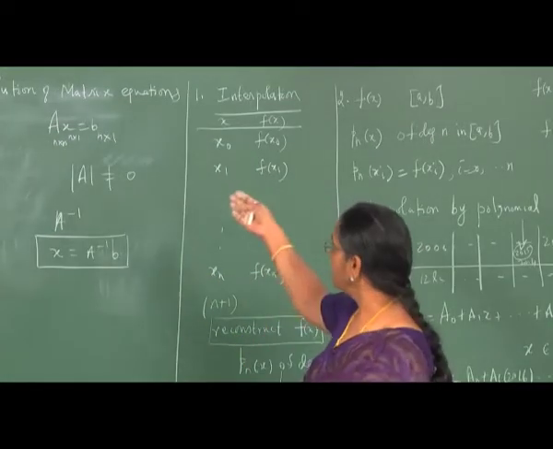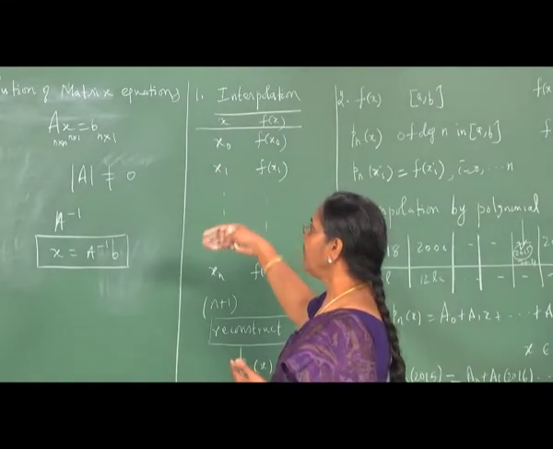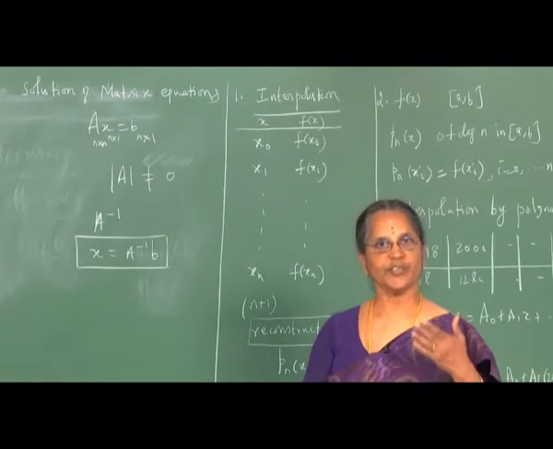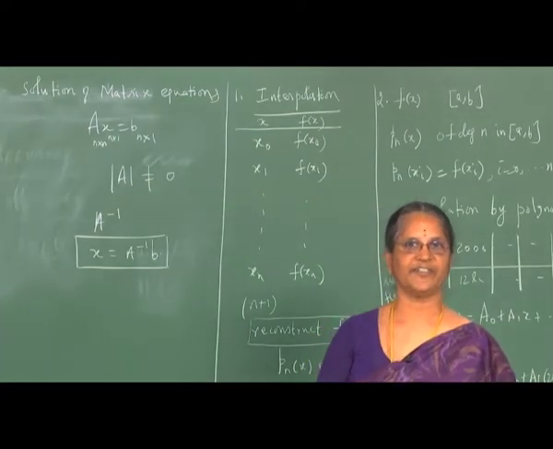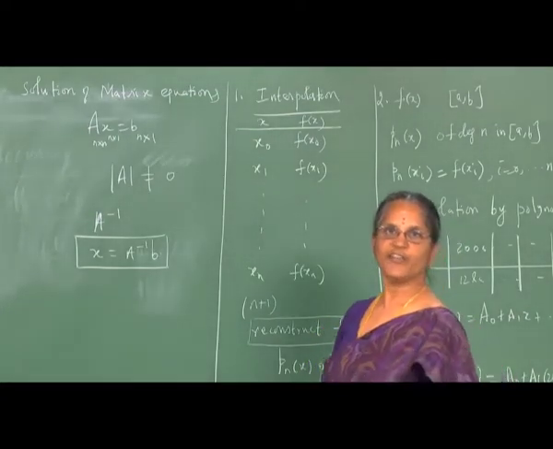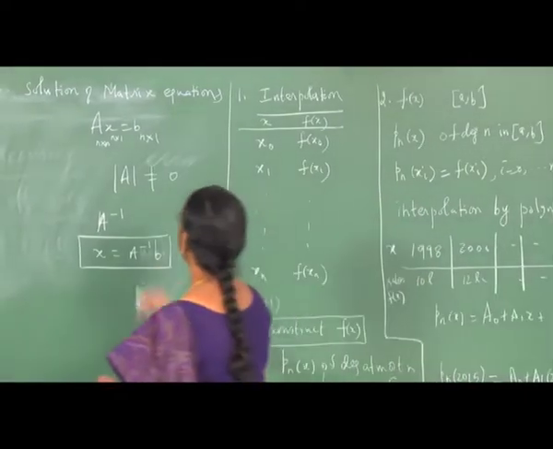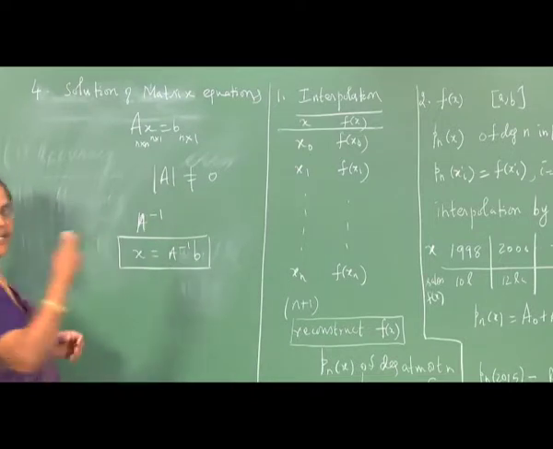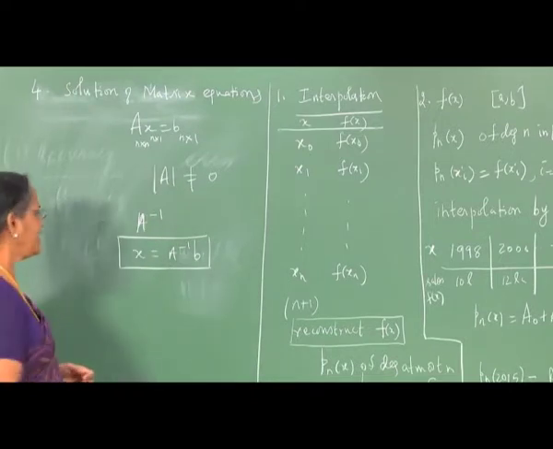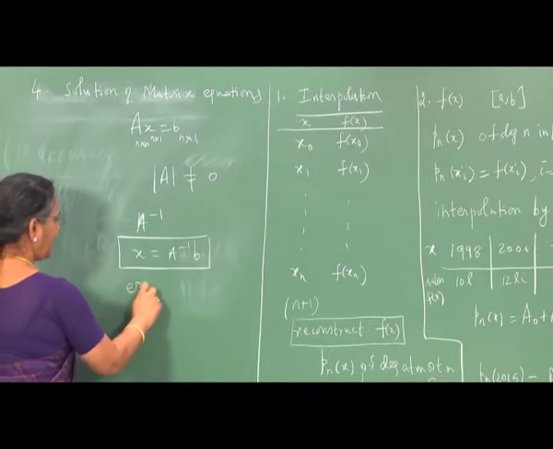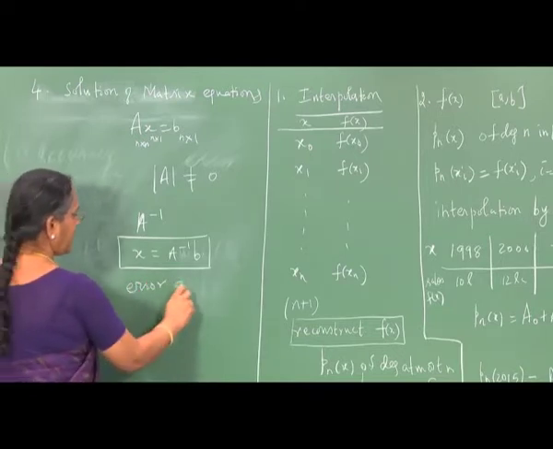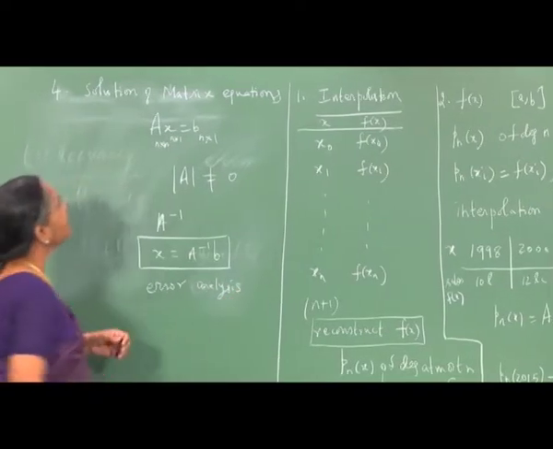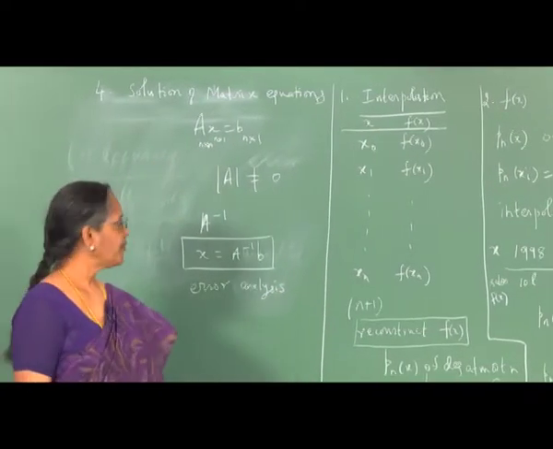So, in this topic we will develop a number of techniques, both direct as well as iterative, for solution of matrix equations of the form Ax is equal to b. As I said earlier, because we are numerically obtaining the solutions of these matrix equations, error will be incurred at each step, and we will be focusing on the error analysis in this topic also.